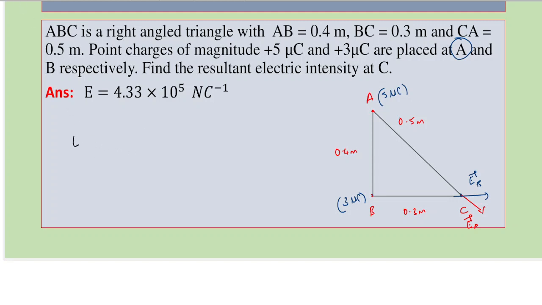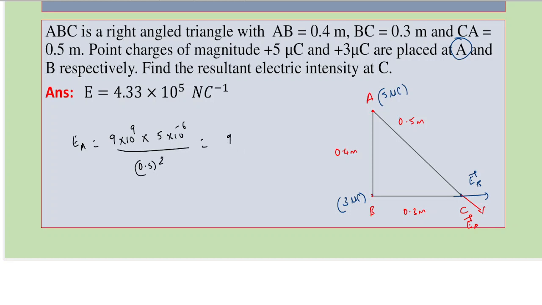So here EA is given as K Q by R square, where K is 9 into 10 power 9, and Q from point A is 5 into 10 power minus 6, by R square. We are trying to find the field at point C because of the charge kept at point A, so the distance would be 0.5, the whole square.